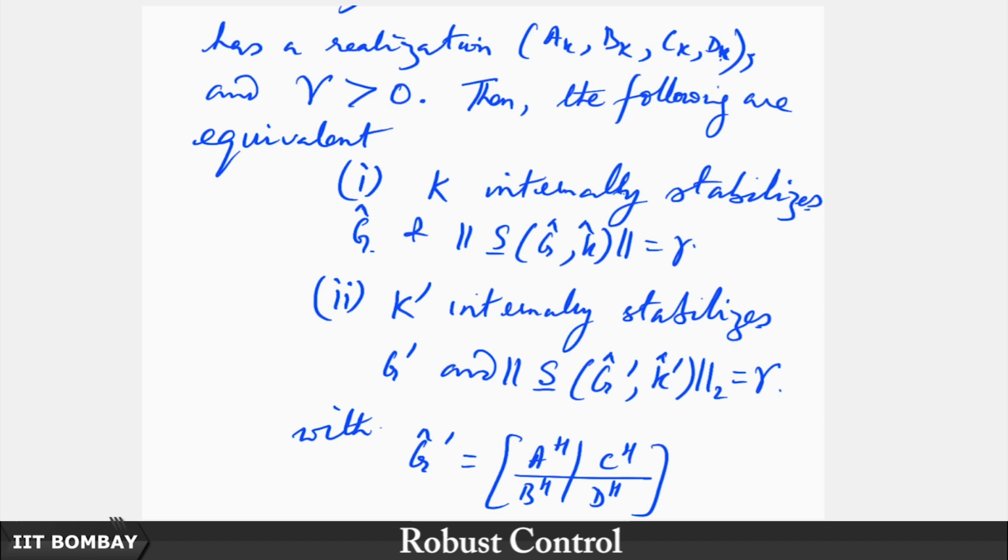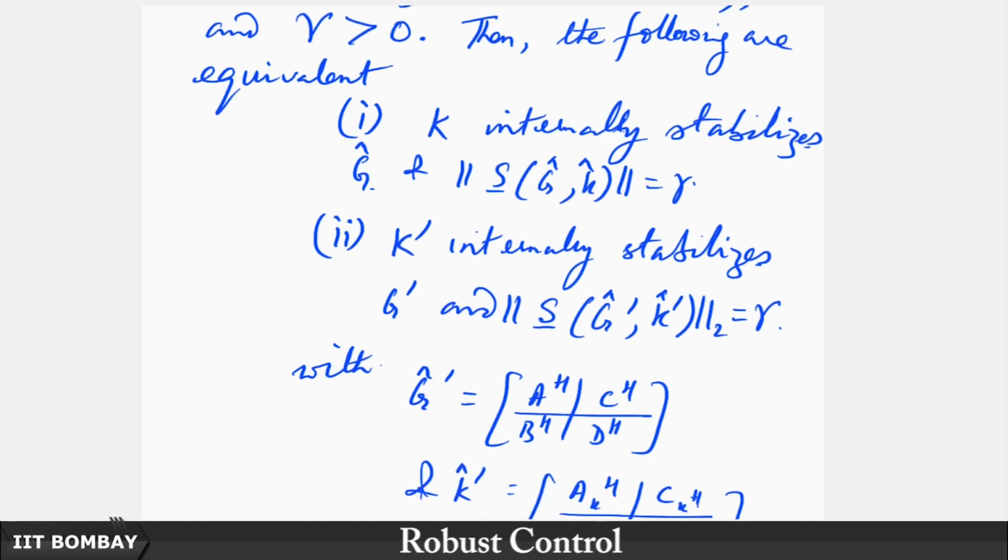And this has got everything to do with the fact that the way to evaluate the norm goes via the route of evaluating the observability and controllability gramian. So when you use the controllability gramian, you are concerned with the trace of C X C Hermitian, where X is the observability gramian. And if you go via the observability gramian, it is B Hermitian Y B, where Y is the observability gramian, right.